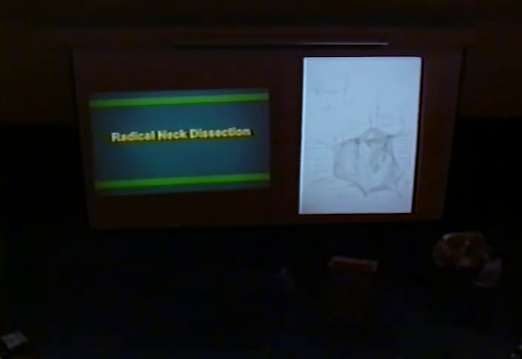We incise this investing layer of deep cervical fascia here near the midline to give us exposure to the midline structures. When we lift this component of the flap superiorly, there's a nerve we have to protect, the marginal mandibular branch of the facial nerve. That nerve is responsible for innervation to the depressors of the corner of the mouth. If we don't preserve that nerve, patients have trouble with drooling postoperatively.